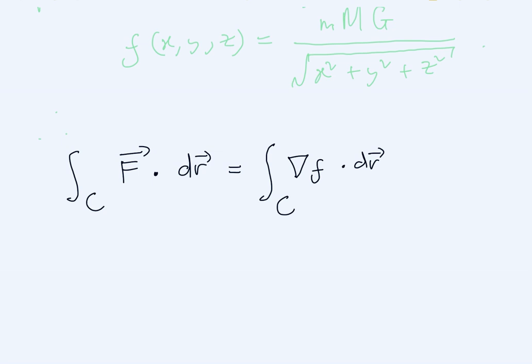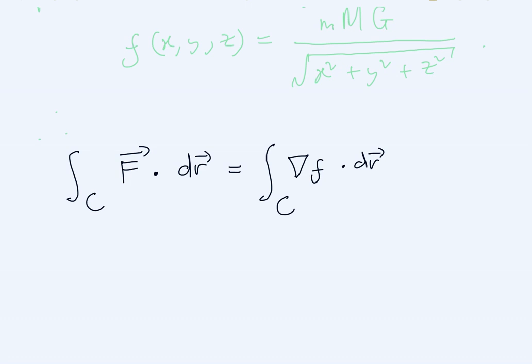Now we can apply the theorem, because the function f is a differentiable function, and the gradient of f is also a continuous function on this curve. So the conditions for the theorem are satisfied, and we can go ahead and apply the theorem.